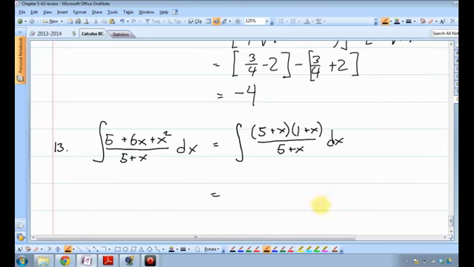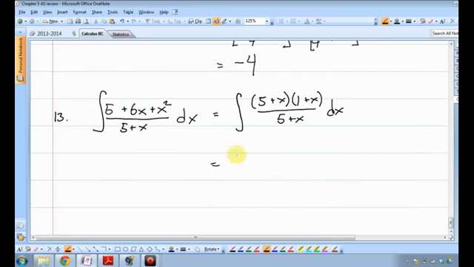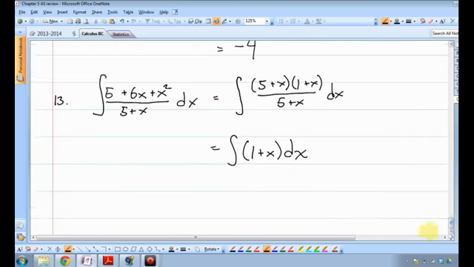That is 1 plus x. And of course one of the answer choices would naturally be 1 plus x plus constant, or x plus 1 plus constant, and I think you know why. Integral of x is 1/2 x squared. Integral of 1 is x plus constant.